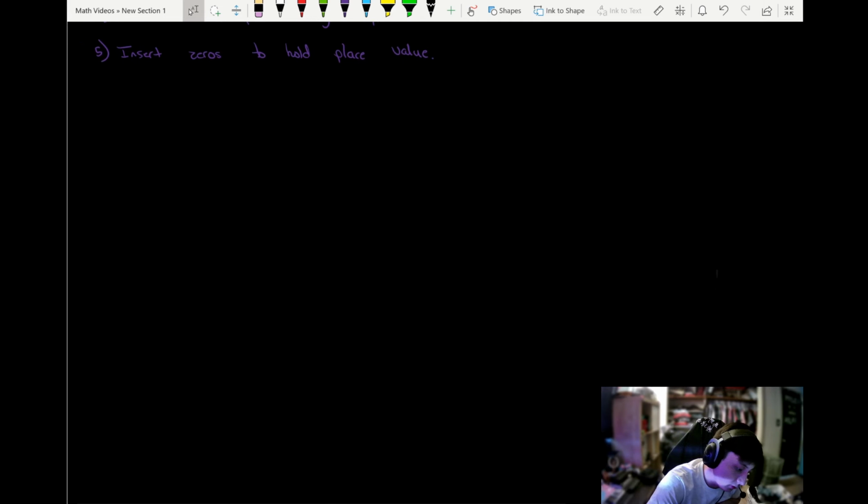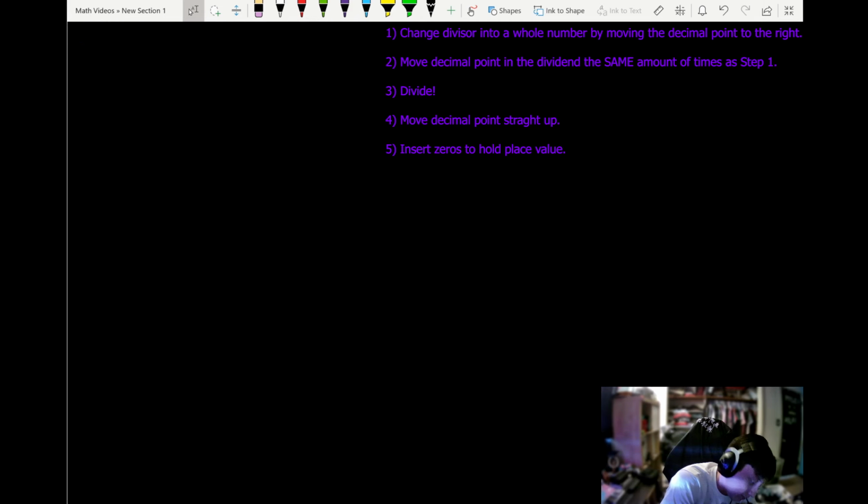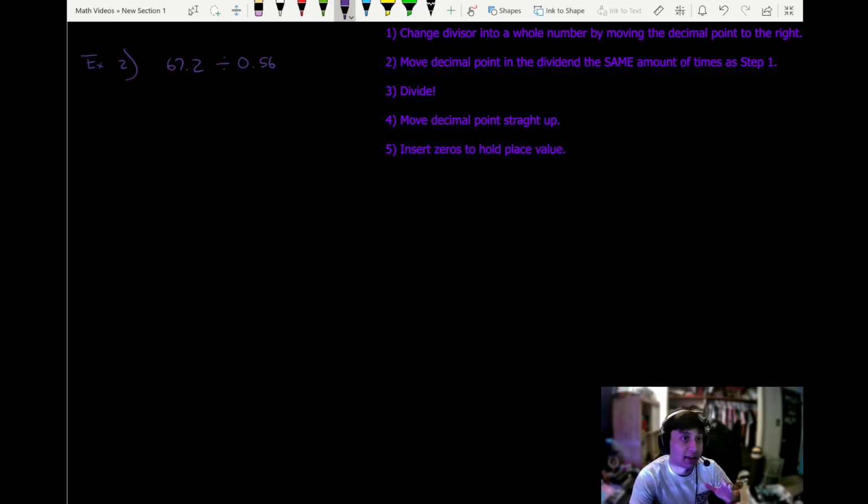So example 2, let's do 67.2 divided by 0.56. The first step is change the divisor into a whole number by moving the decimal point to the right. Remember, the divisor is the one doing the dividing, so it's 0.56 in this case. We change it to a whole number by moving the decimal point to the right twice, 1, 2.